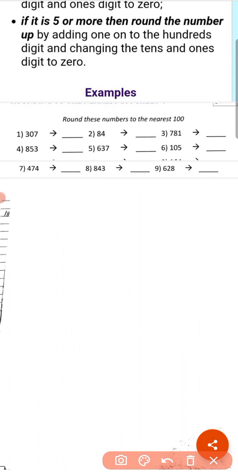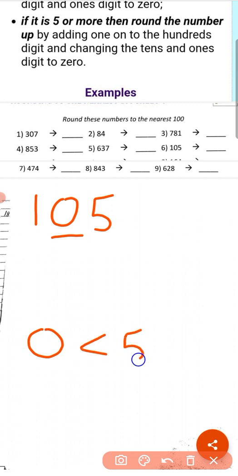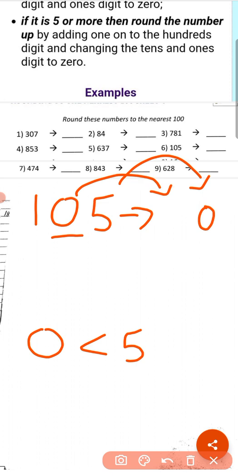Okay. Next is 105. Check the digit at the tens place, which is 0. 0 is less than 5. So replace the ones digit and tens digit by zeros. The tens digit here is 0, children.